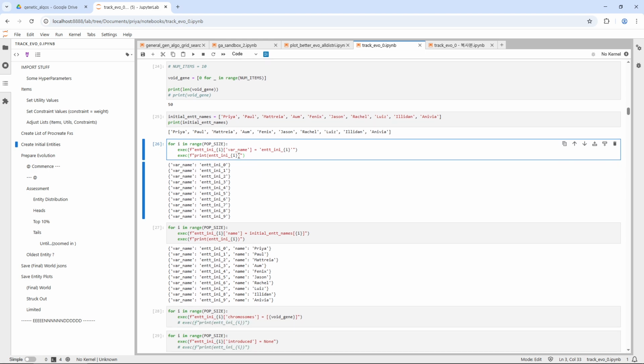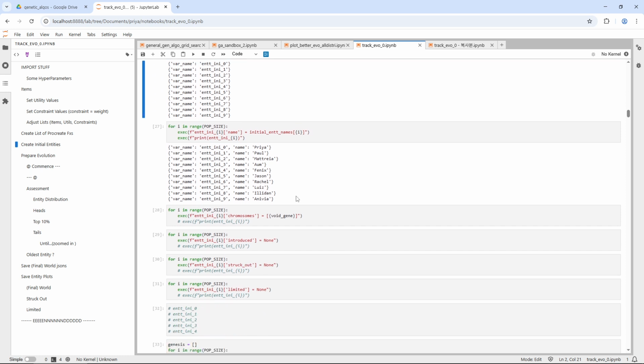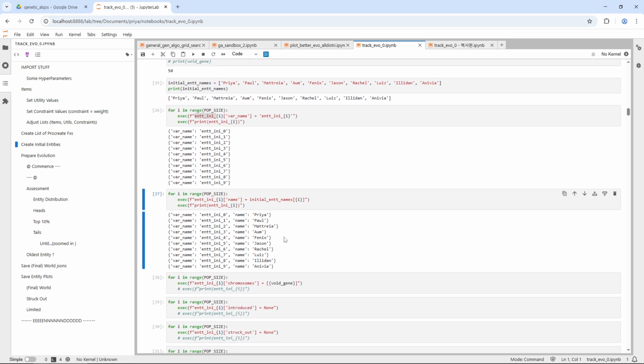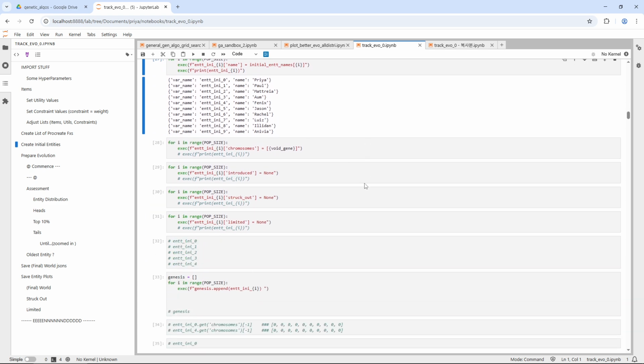So I actually have to call everything by doing this. And then as you can see, it has the variable name, var name, name, and here are the 10 names that I used: Priya, Paul, Maitreya, Aum, Phoenix, Jason, Rachel, Louise, Illidan, Anivia. And then I insert the void genes in a list of lists. Well, it's a list within a list.